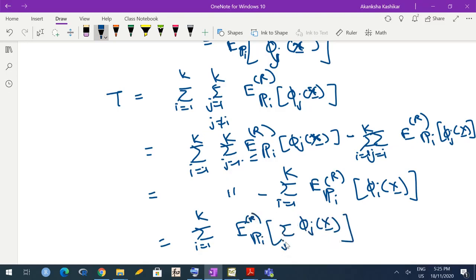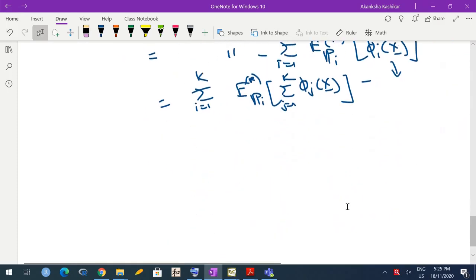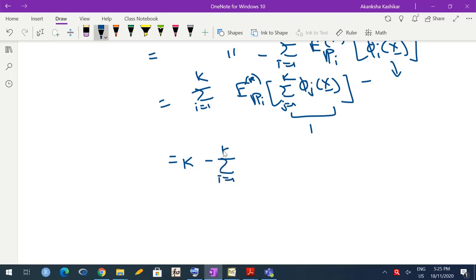Correct? The sum over j going from 1 to k, this term as it is. And because the sum over phi j is 1, the expectation of a constant is the constant. So I just have the sum over this entire thing, which is 1. So the sum over 1 becomes k. So I have k minus the sum over i going from 1 to k of E_Pi,R of phi i(X).